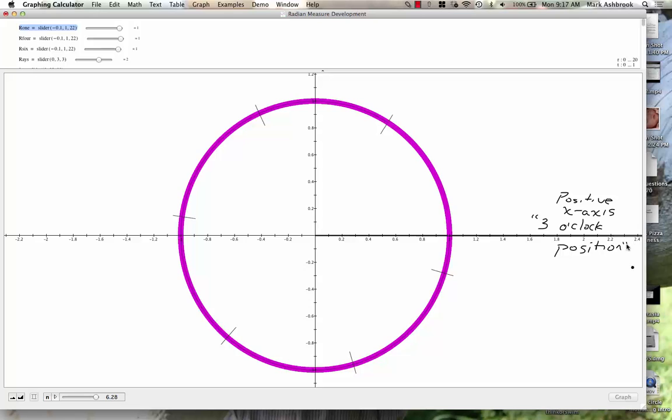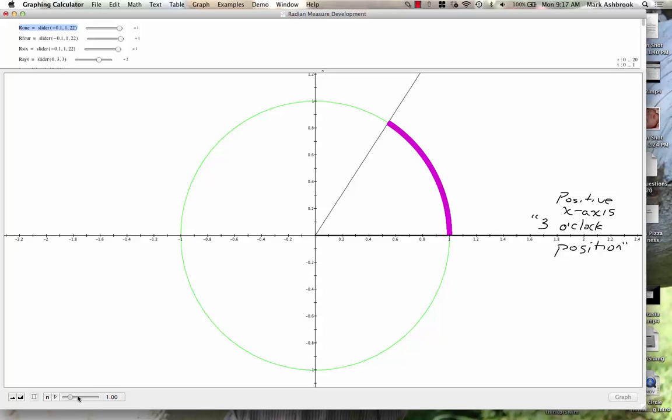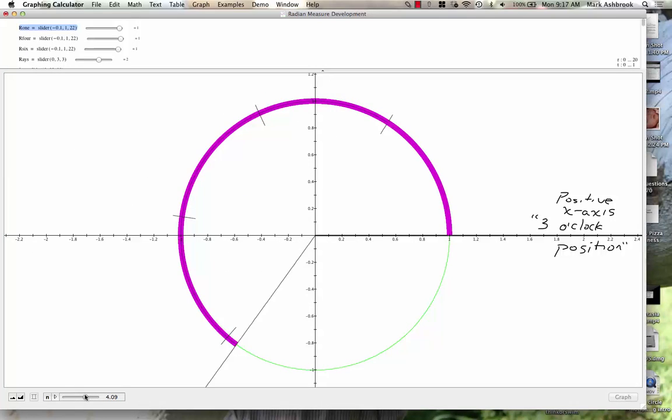And from there, we're going to sweep angles counterclockwise. So from the 3 o'clock position, we sweep counterclockwise to the terminal side.